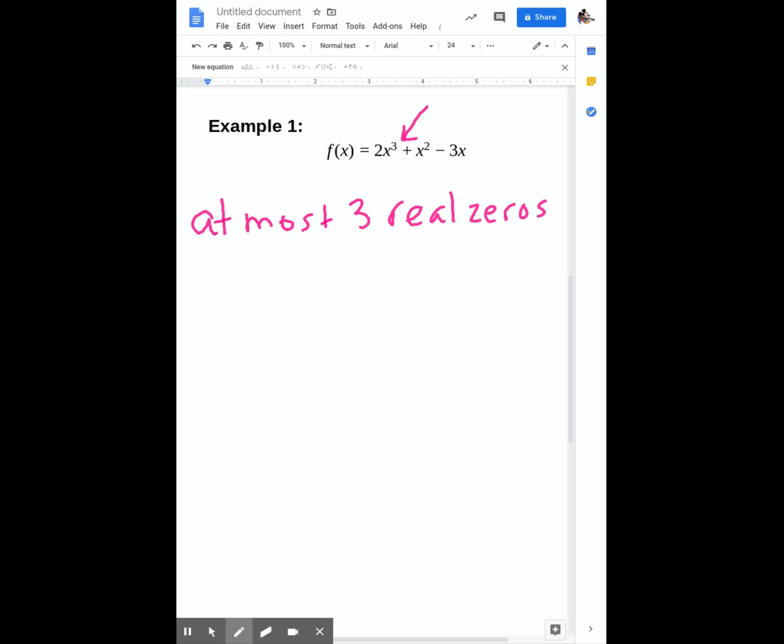And it also tells me roughly what the shape of my graph should look like. And so because it's a cubic, my graph is either going to go like this, 1, 2, 3, or it's going to go like this, 1, 2, 3. Now, how do I figure out which way it goes? Well, I look at the leading coefficient.